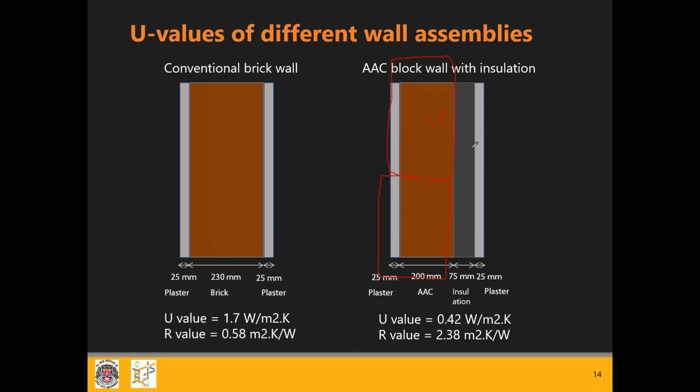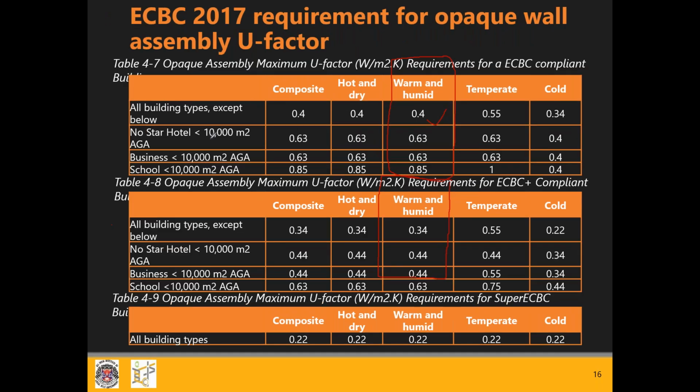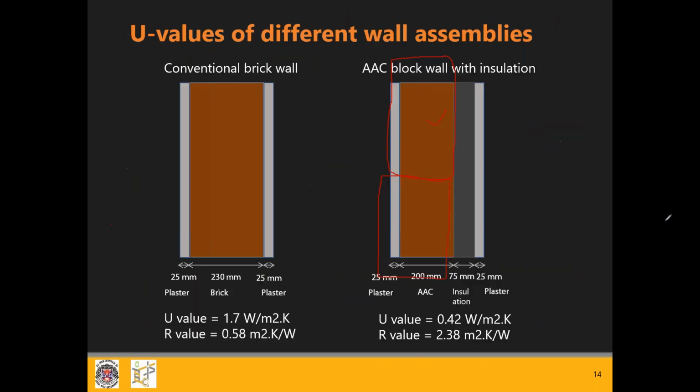Whereas your requirement as per ECBC for all buildings except hotels, businesses, and school is 0.4. So this envelope is also not meeting it. Either you have to increase one of the layers, or you can just increase some of the plaster inside and see how this gets affected.